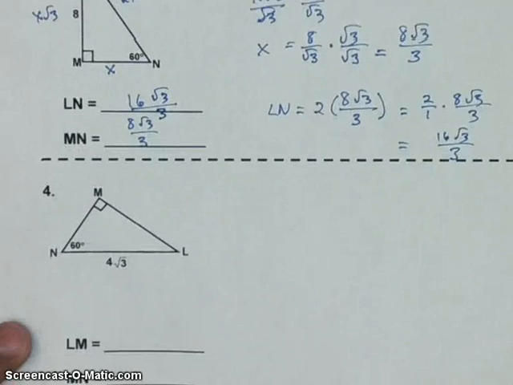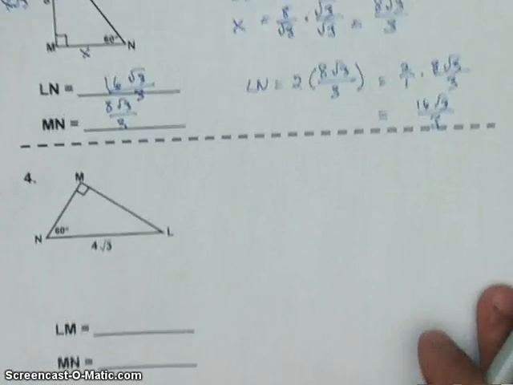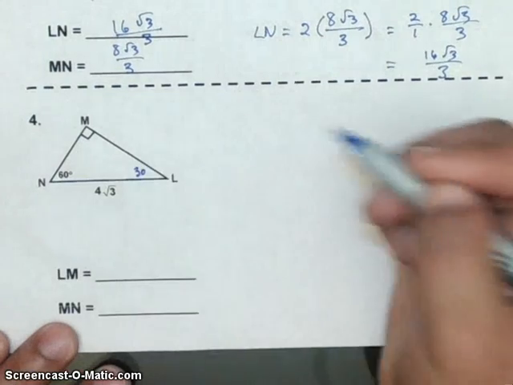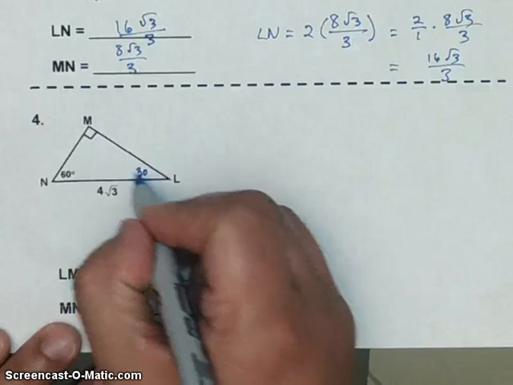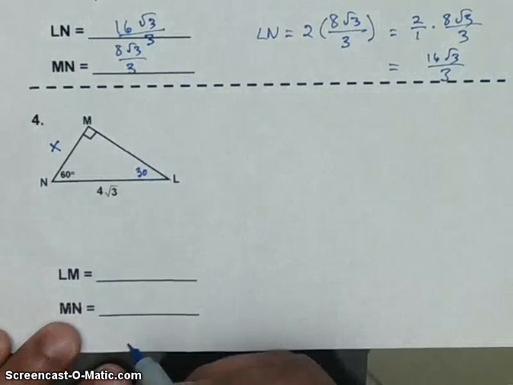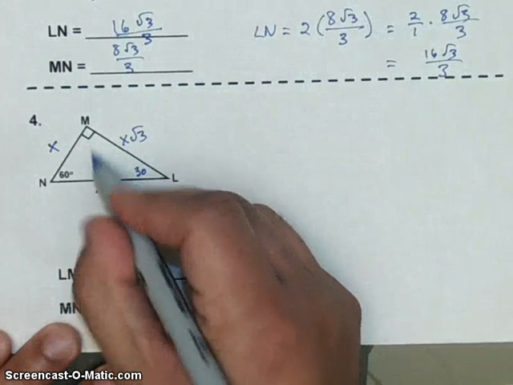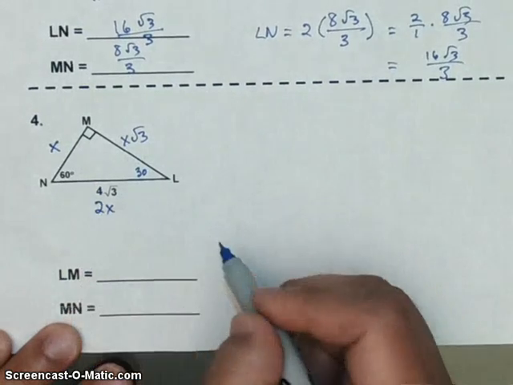Alright, and the last example, using this 30-60-90. Across the 30 is always going to be x. The 60 is x square root of 3. And across the 90 is my 2x side.